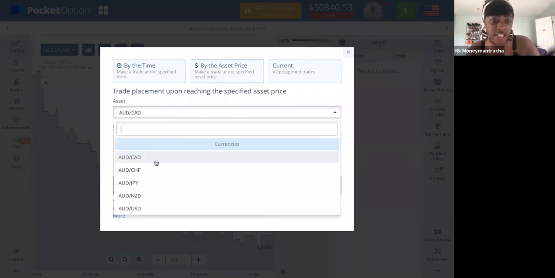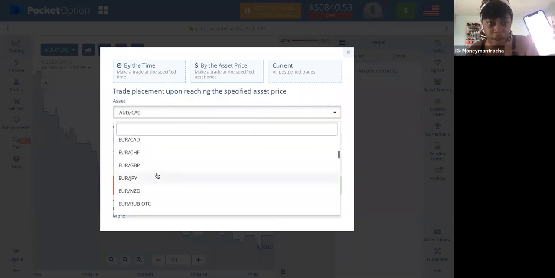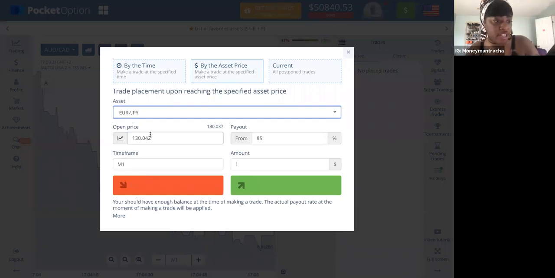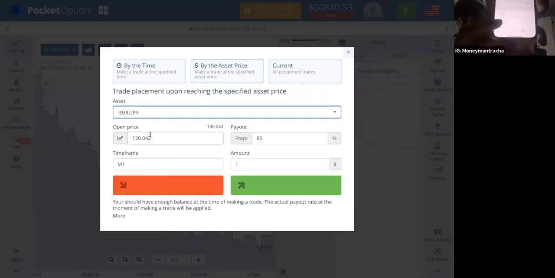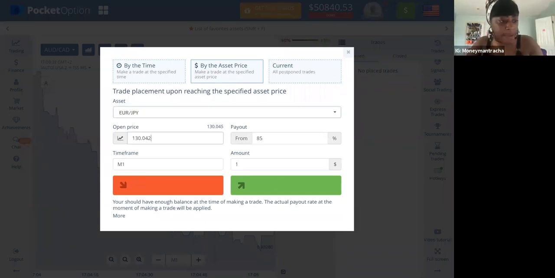So let's just say the currency pair in this example is Euro JPY. I'm going to find Euro JPY. It says right here, what is your entry price? I'm going to type that number in. It says my entry price should be 129.800. We know that we always want our payouts to be at least 70%. So no matter what, do not forget to change this to 70, because if it's not at least 70, it's not going to trigger.